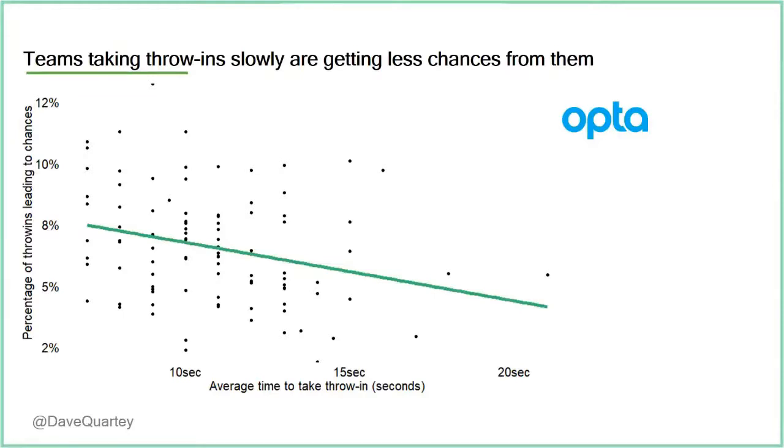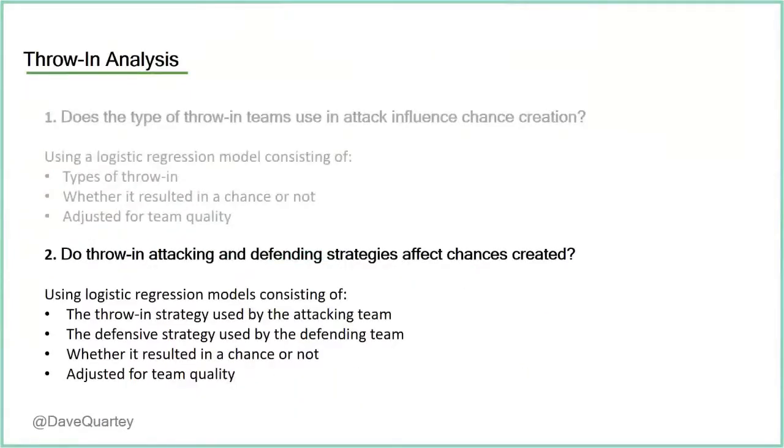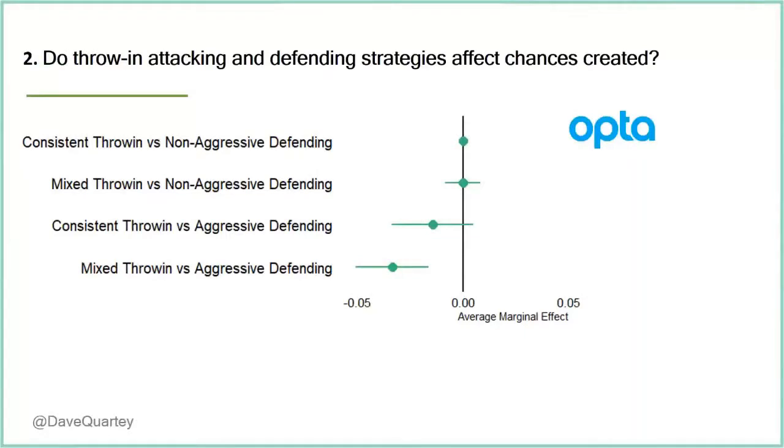And you realize that for teams that deploy aggressive defending strategies, generally they're able to reduce the possibility of those throw-ins resulting in goal scoring opportunities, regardless of the type of attacking throw-in strategy that was deployed. So this particular slide sends home the importance of aggressively defending throw-ins if you are to restrict them from getting chances from them.